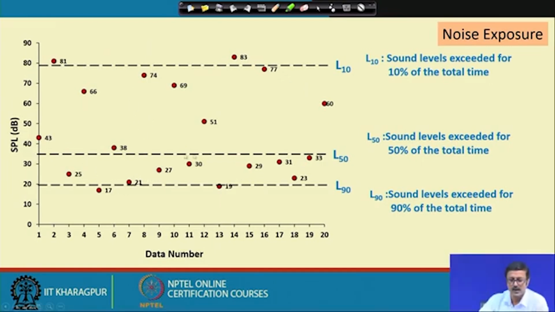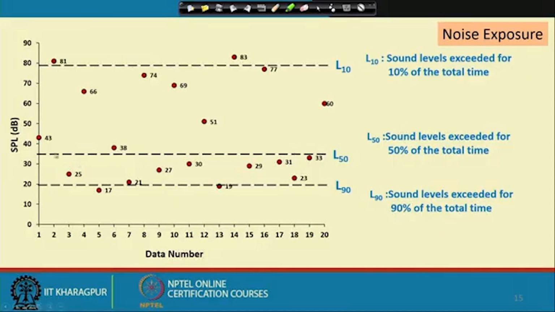Similarly, I have drawn another line over here for L50, because 50% of 20 is 10. If you see, above this line there are 10 dots, and below this line there are 10 dots. So, I can say the L50 is 38, because 50% of the time the noise is 38 or more than that.